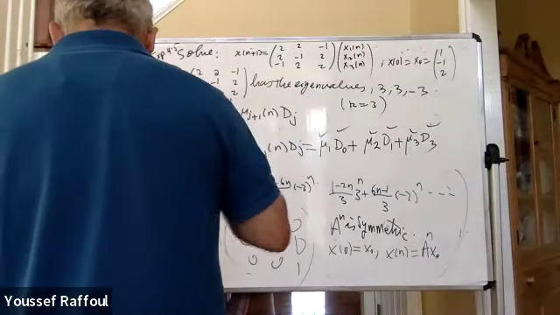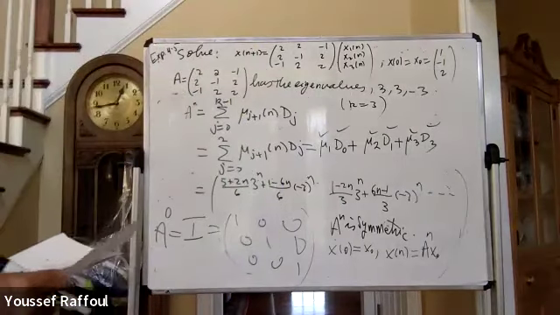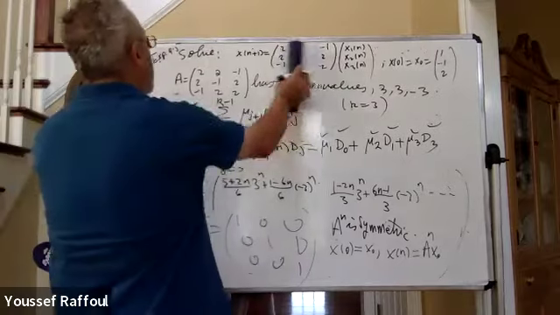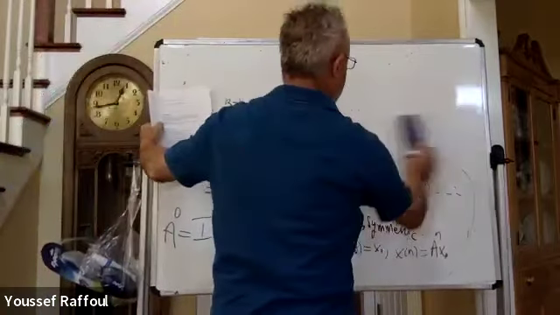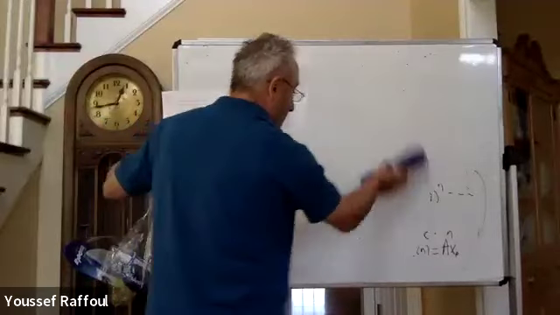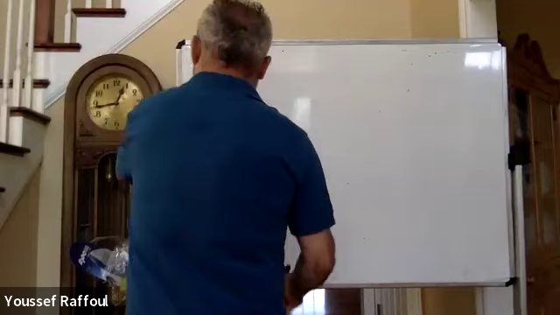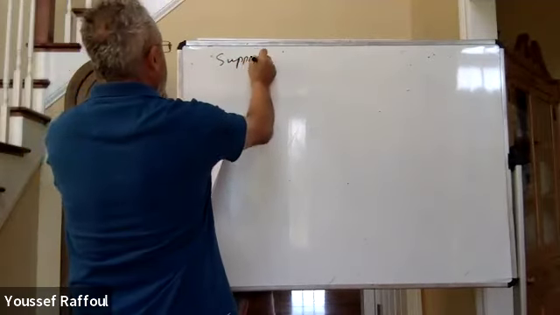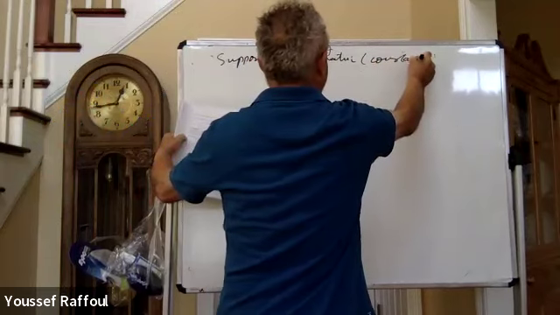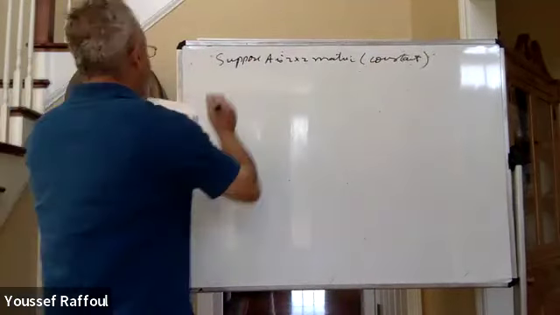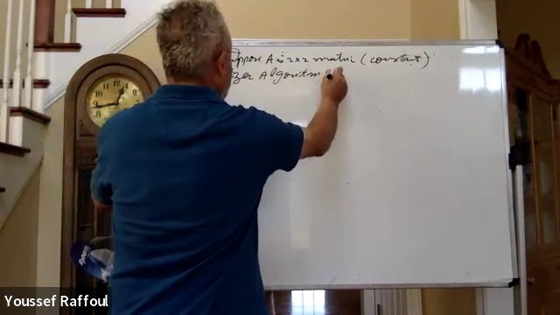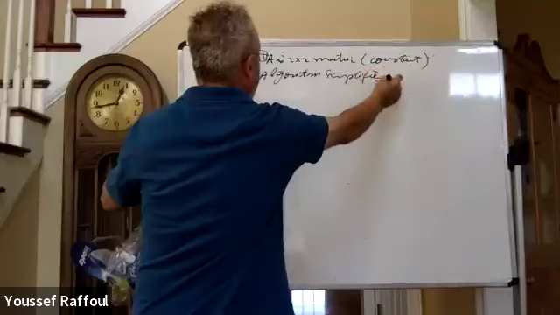Now we're going to take a special case. Suppose A is a 2x2 constant matrix. Then the algorithm simplifies to the following.